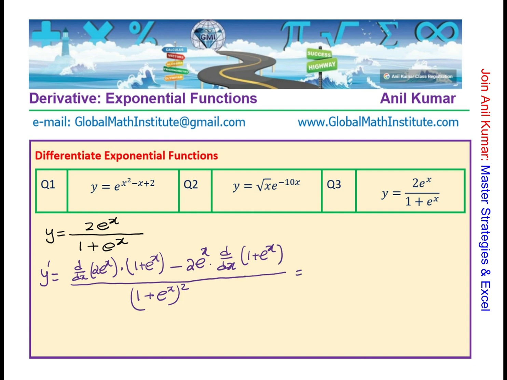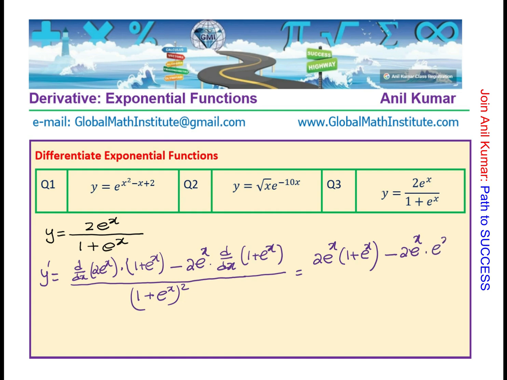Perfect. So the derivative of 2e to the power of x is 2e to the power of x. We'll multiply this with 1 plus e to the power of x, minus 2e to the power of x, and the derivative of 1 plus e to the power of x is e to the power of x. And here we have 1 plus e to the power of x whole square.